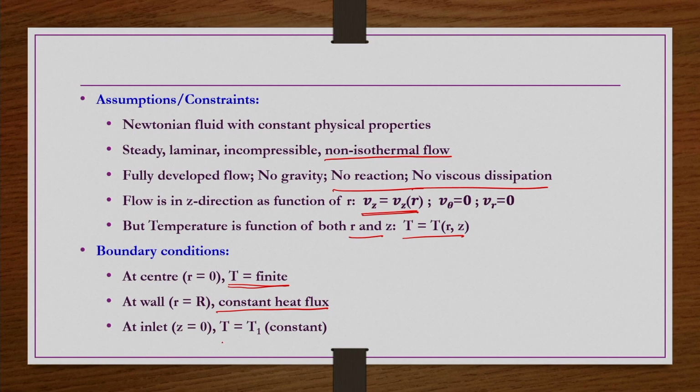At the inlet, that is Z equals 0, T equals T1. Since T is a function of Z also, we need a boundary condition as a function of Z also for different values of Z. So, for the time being it is given only at the inlet, that is at Z equals 0, only the temperature condition is given, that is T equals T1, right. Now, we solve the problem.